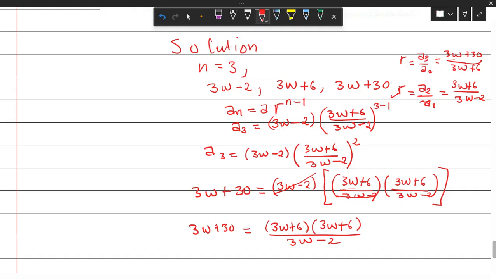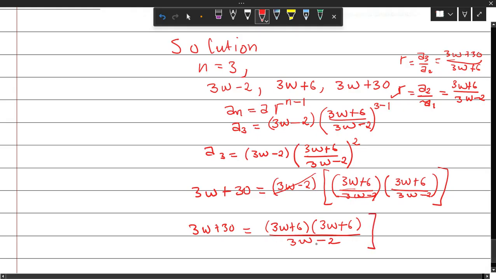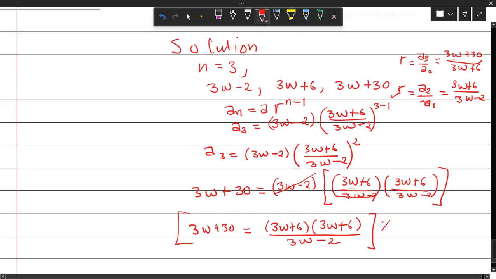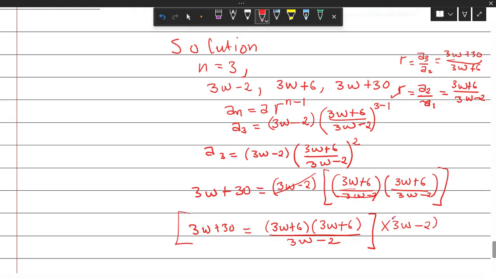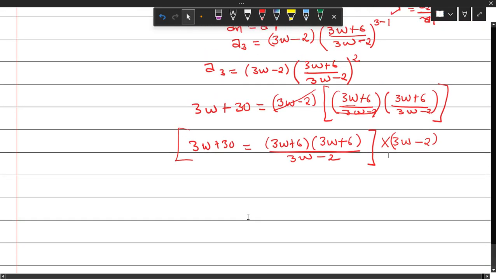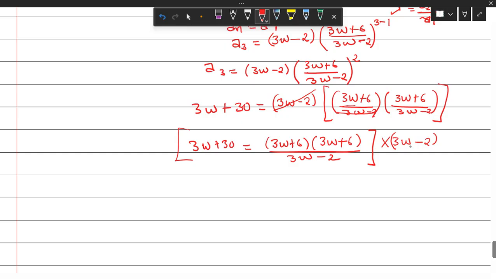So here, if you know the rules of mathematics, if I want to get rid of this denominator, I'll multiply it by this denominator, on both sides of the equation. So I'll multiply everything by the same denominator, 3w minus 2. How do I remove it? I multiply both sides by the same denominator. So this and this will cancel.